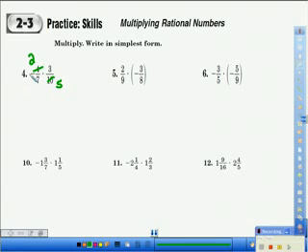Now, notice we have a negative times a positive. It's always going to give us a negative. So 2 times 3 is 6, and 7 times 5 is 35. That was step 3.